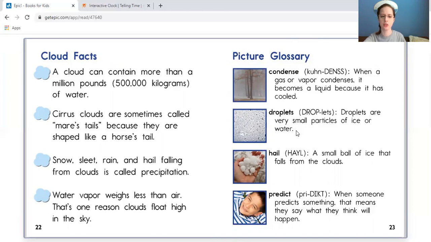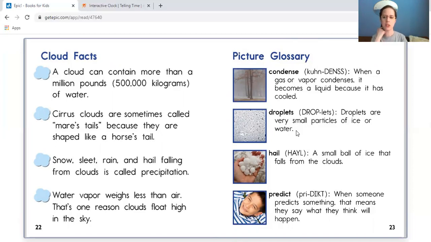Snow, sleet, rain, and hail falling from clouds is called precipitation. Water vapor weighs less than air. That's one reason clouds float high in the sky. So even though altogether they might weigh that 1 million pounds, individually they weigh less than the air, so they are still able to float.